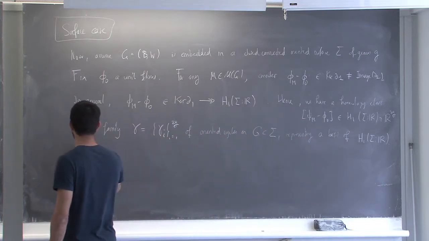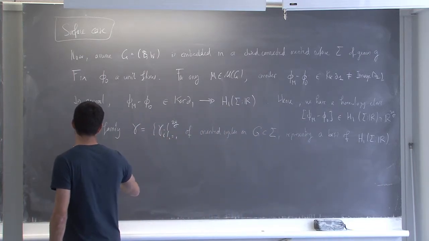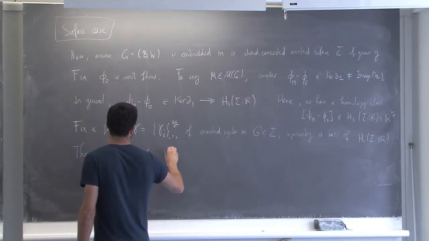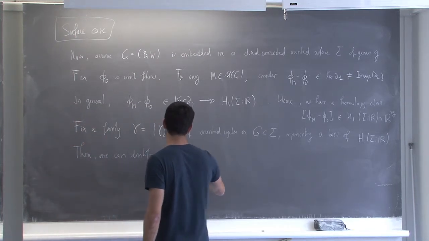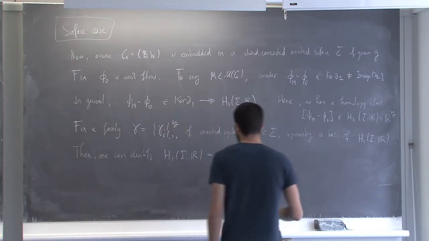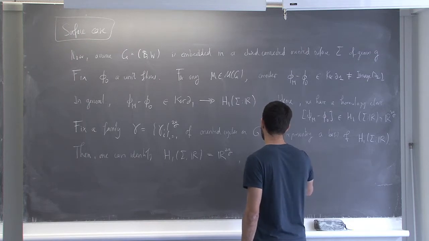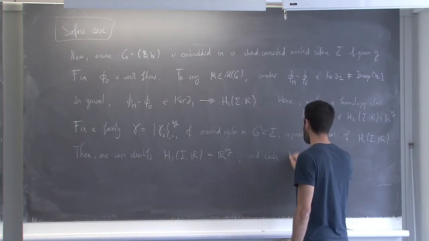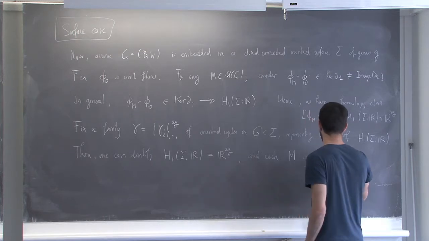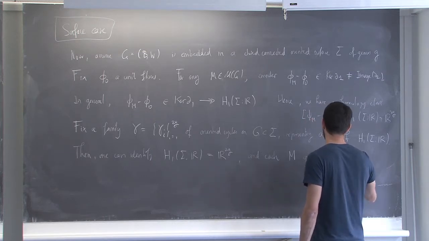So then one can identify H1 with R power 2g, and each m gives 2g numbers.